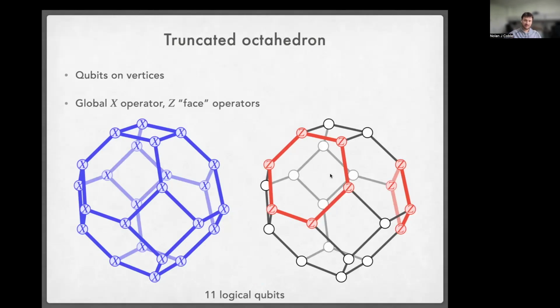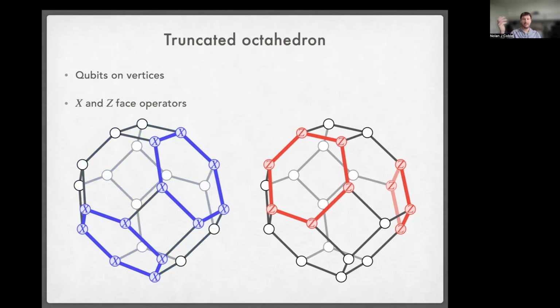Then for every face of the object, I'm going to define a Z face operator. For instance, this hexagonal face gives us a weight 6 Z operator. It's easy to see that every face has an even number of vertices, and so this means that Z and X type, in this case, must commute with each other. In particular, this quantum code ends up encoding 11 logical qubits into 24 physical qubits.